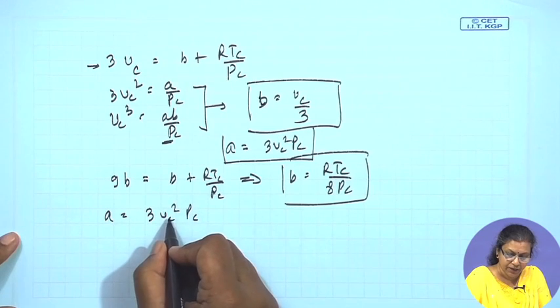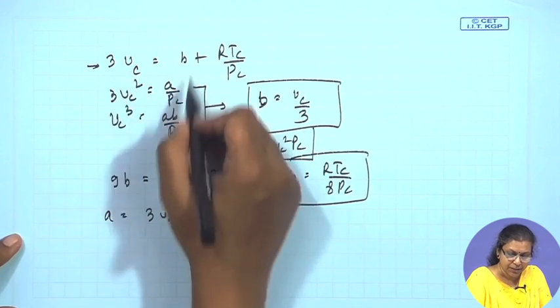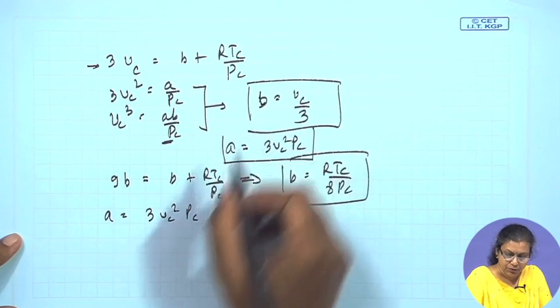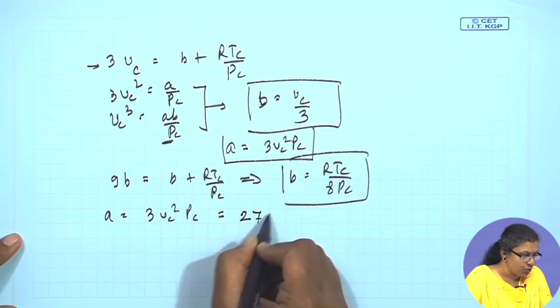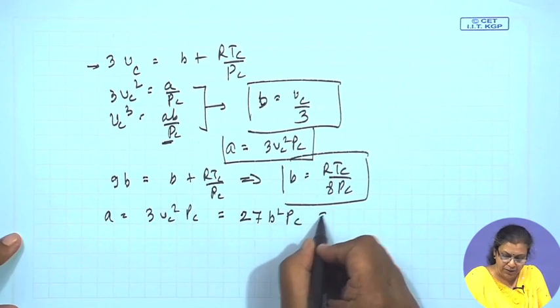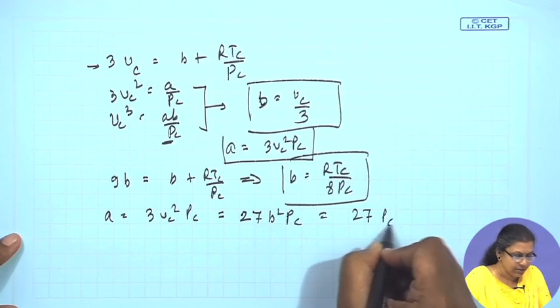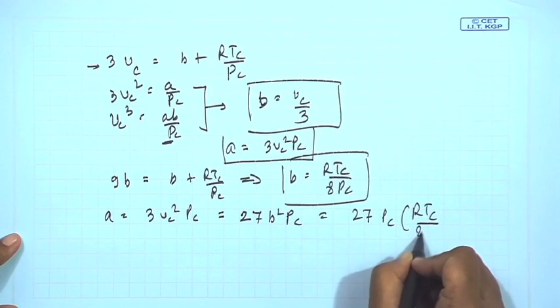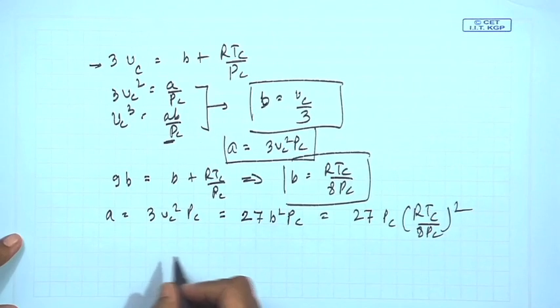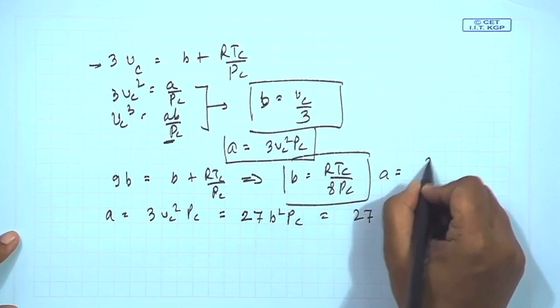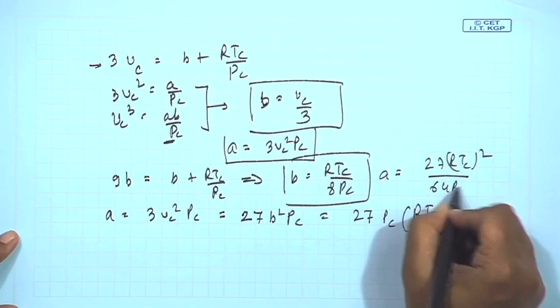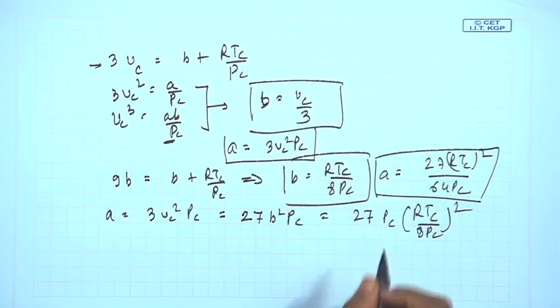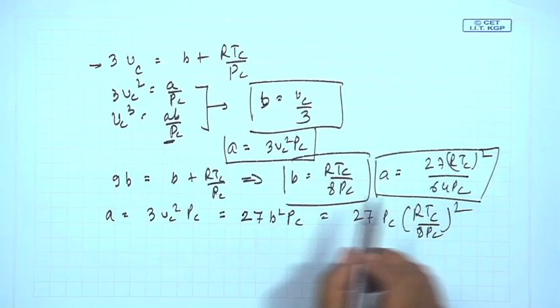Again we can substitute Vc equals 3B here, and finally from there what do we get? We get A equals 27B square Pc, which gives us 27 Pc times RTc by 8Pc whole square, right. So, therefore, A is obtained as 27 (RTc) whole square by 64Pc, fine. So, therefore, we could express both of them in terms of Tc and Pc.